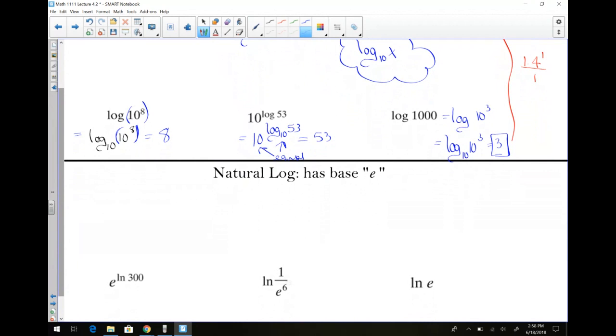Okay, so here, my natural log has a base e. So the way it's going to be written, notice you have the ln on everything. So this is the way it's going to look written. It's going to look that way in your book and so on. Another way it can be written, and this may be an easier way to think about it, is that you have log base e of x.